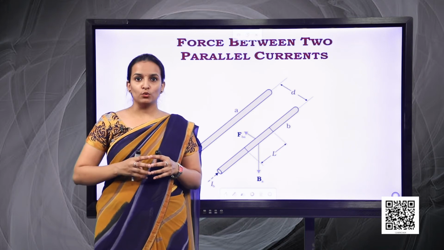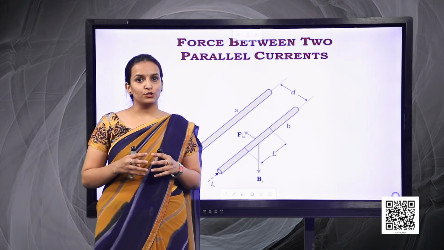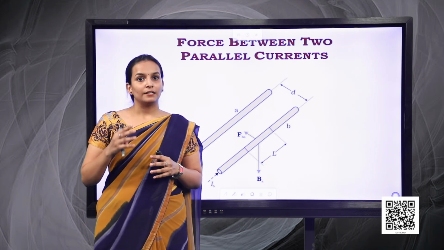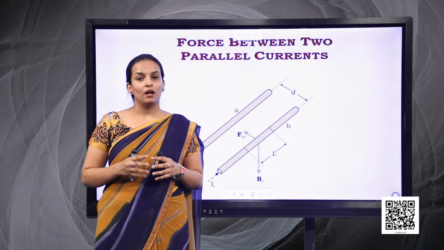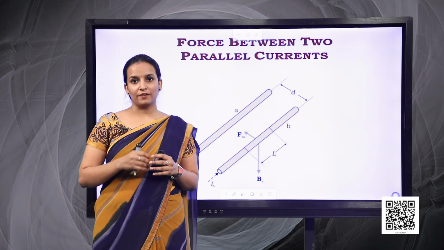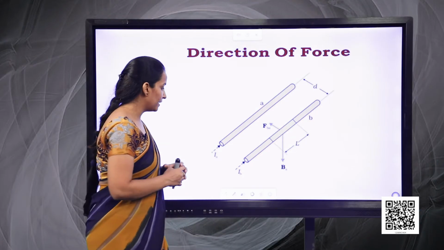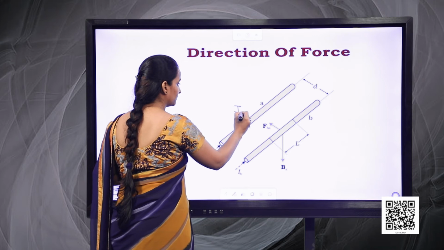Which rule will be used to find the direction of the magnetic field due to this straight current carrying conductor? Well, yes, the right hand rule tells us the direction of this field. Okay, let's see how we can find it. Now we will find out the direction of the force experienced by each conductor. Here, as we can see, IA is in this direction.